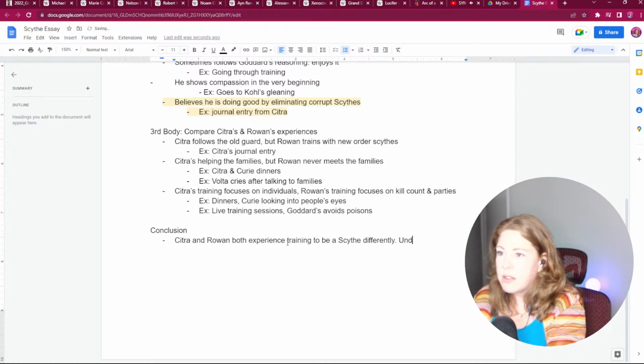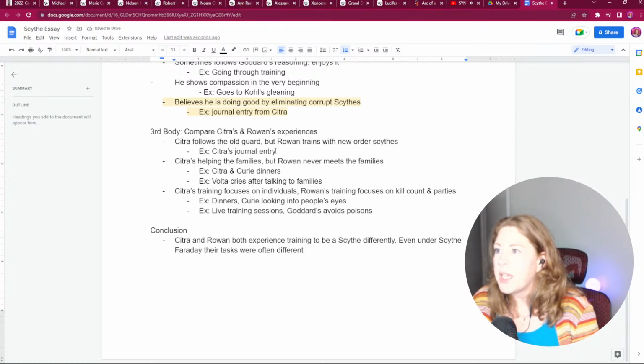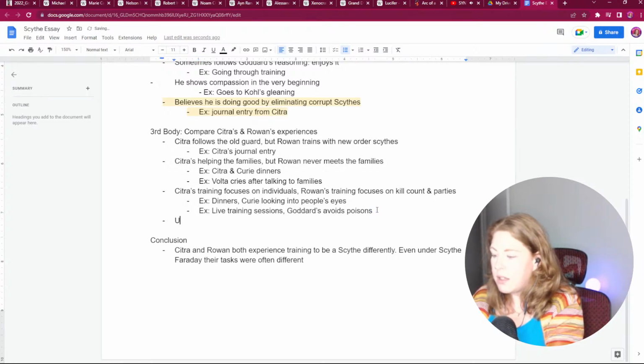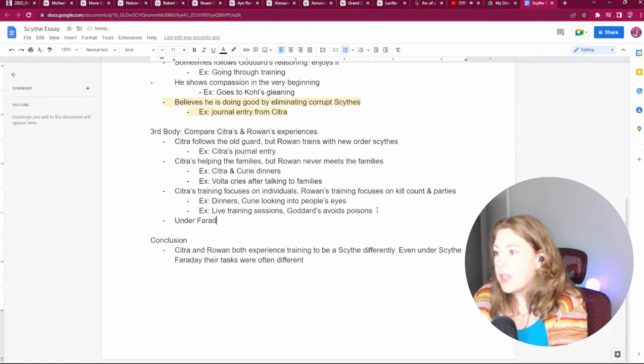Under Scythe Faraday, even under Scythe Faraday, their tasks were often different. We can actually put this up here if I wanted to, right? Under Faraday, he had them do different things, right?